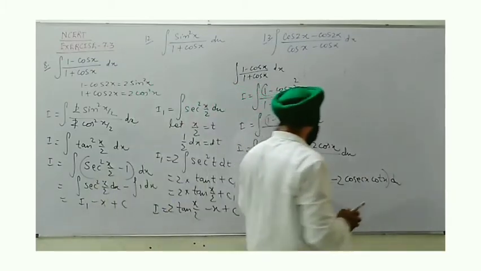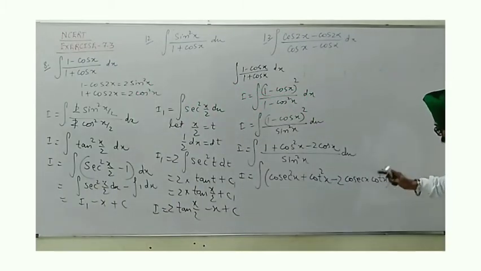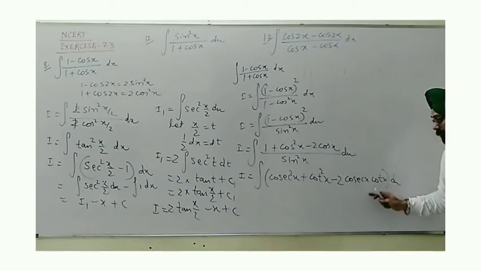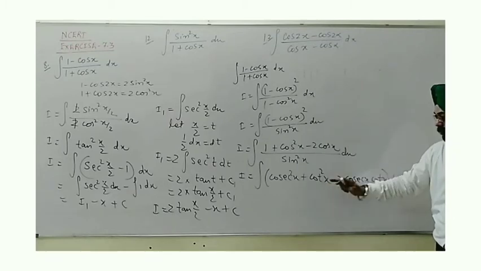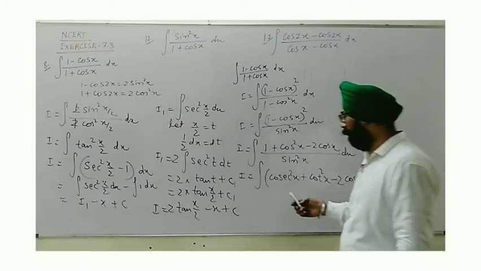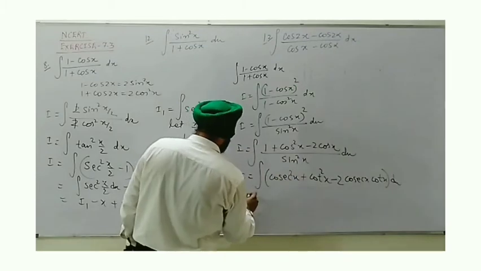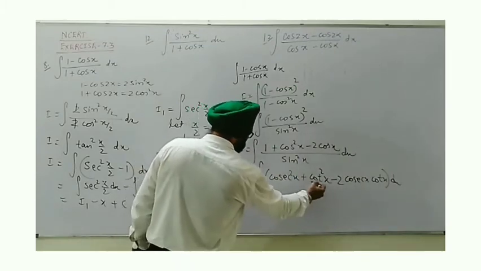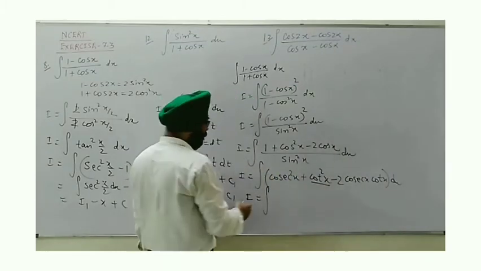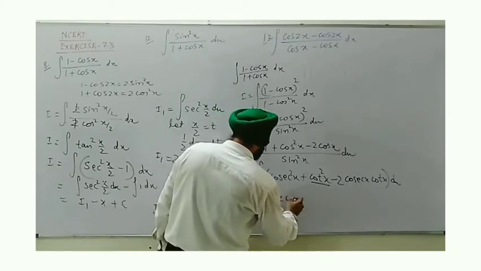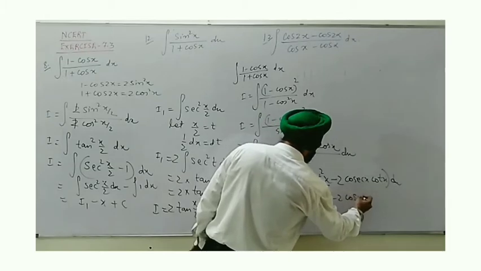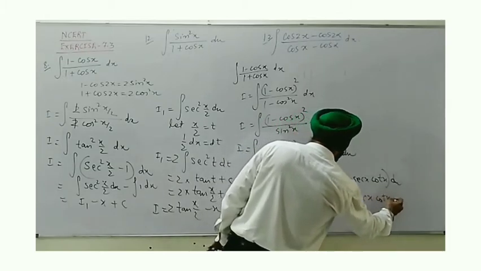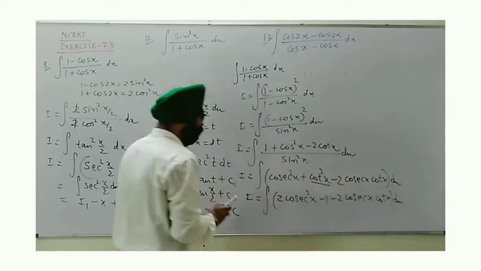Now cosec square x is directly integrable, and cosec x cot x also is directly integrable. Cot square x must be converted in terms of cosec square x, then only we can integrate. So better to do that conversion here, and we write cot square x as cosec square x minus 1. We find twice cosec square x minus 1, minus 2 cosec x cot x dx.